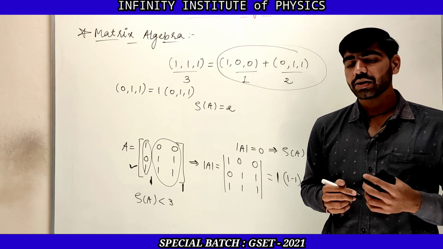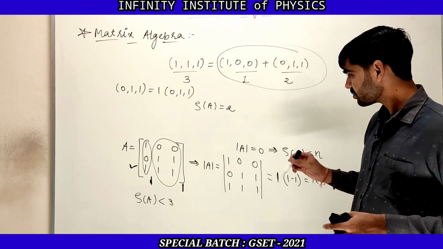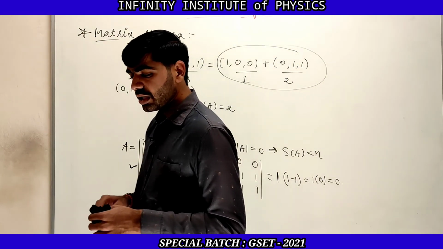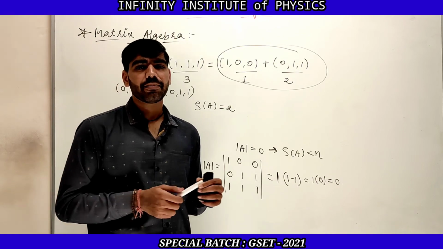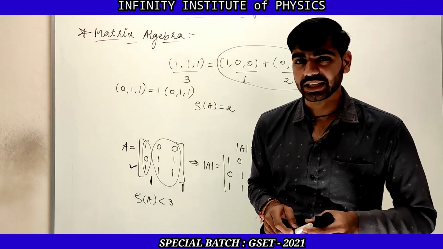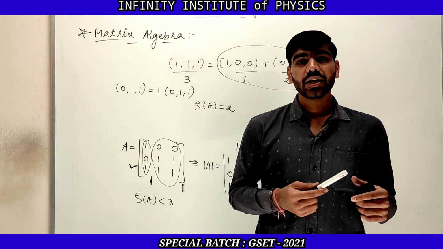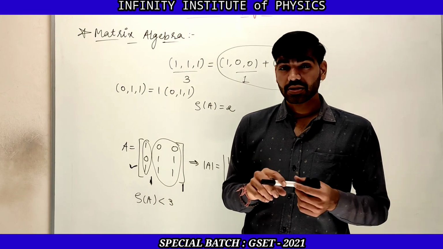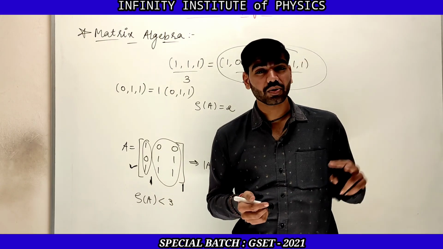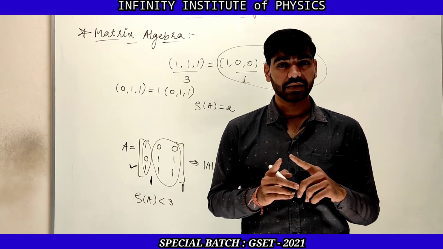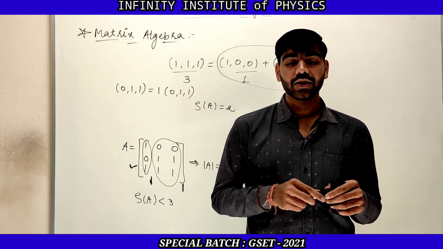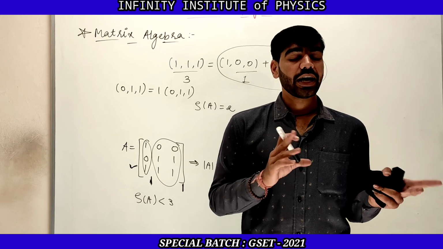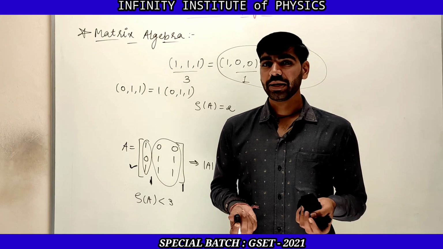So again I am repeating, rank of a matrix means: if the given matrix has a non-zero determinant, then the rank of the matrix will be the same as the order of the matrix. But if the determinant is equal to 0, then, if A is of order n, you need to consider the determinants of order n minus 1. If again you get that the determinant of order n minus 1 is 0, then you need to consider another n minus 1 determinant, and if you get a non-zero determinant, then the rank will be n minus 1.